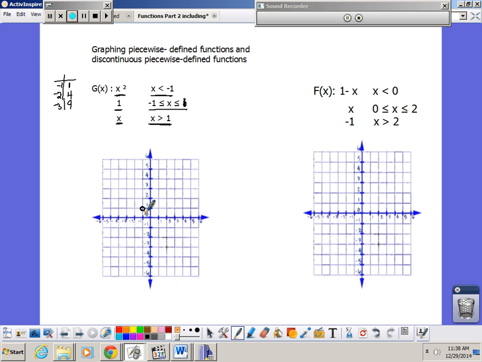That's an open dot because it's not equal to. Then at -2, I go to 4. And at -3, I go to 9. So this is the part of the graph for that. Then I stay at 1 from -1 to 1, inclusive. So this is now going to become a solid dot at that spot.